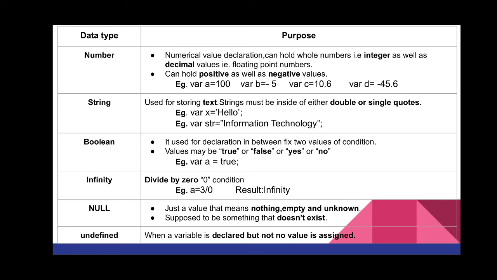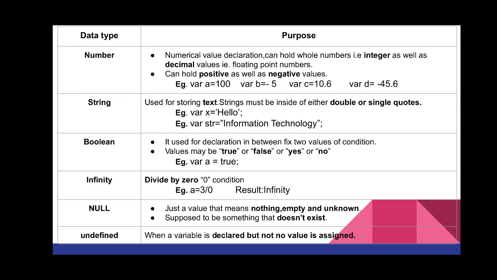So these are all the different possible values you can give for the number type of data, right? Based on the data you provide, JavaScript will automatically understand what type of data it is. Nowhere are we mentioning that this is a number type or a string type. JavaScript understands automatically based on the value you give.